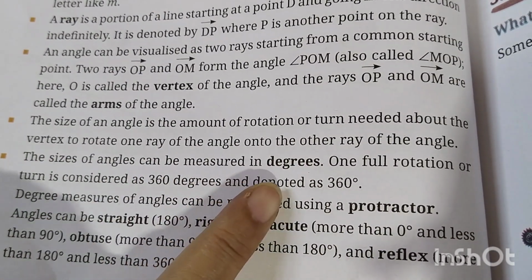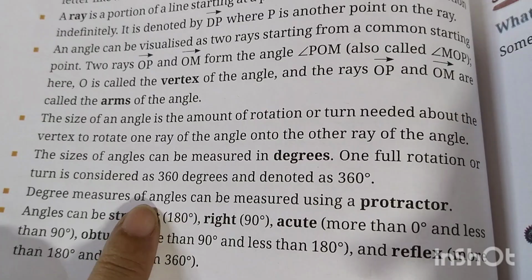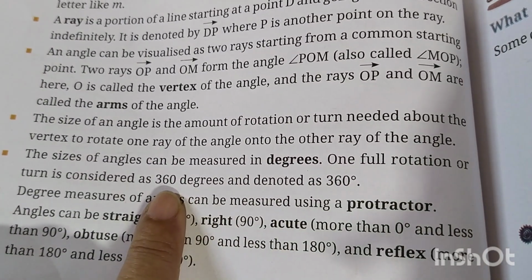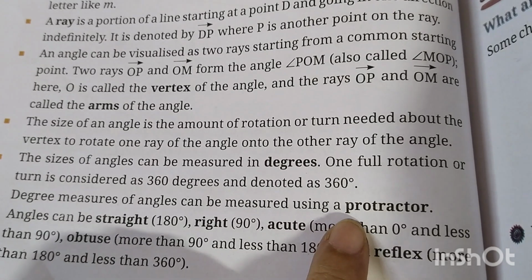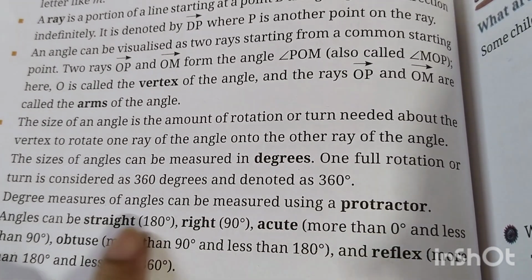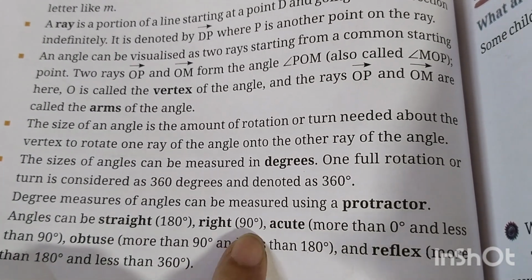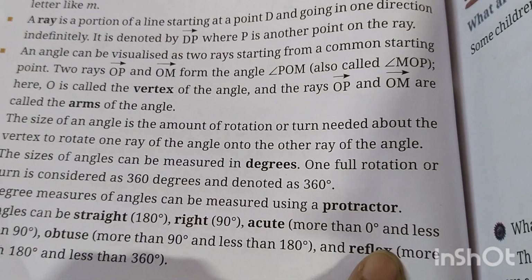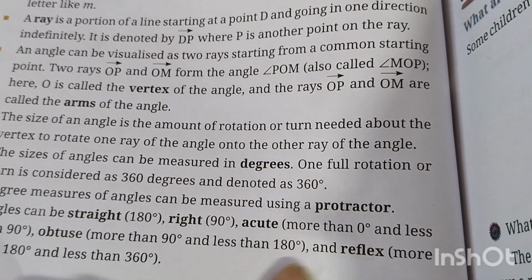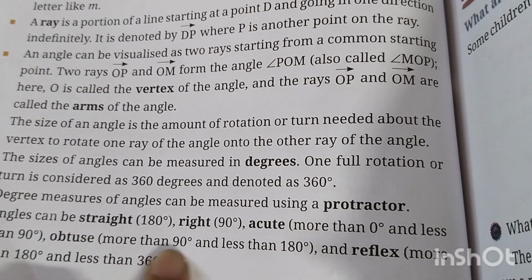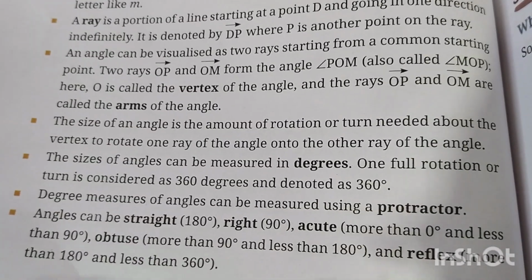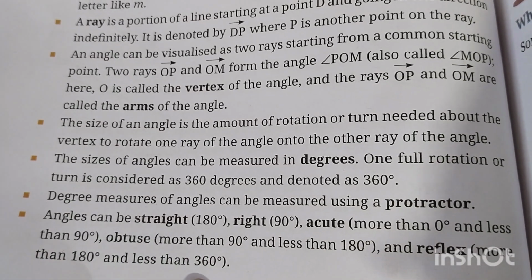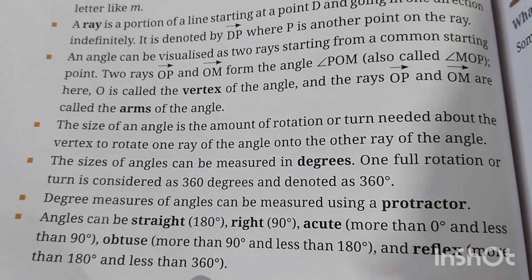Sizes of angles can be measured as degrees. One full rotation is equal to 360 degree. Degree measures of angles can be measured using protractor. Straight angle 180, right angle 90, acute more than 0 or less than 90, obtuse more than 90 and less than 180, reflex angle is more than 180 degree and less than 360 degree.